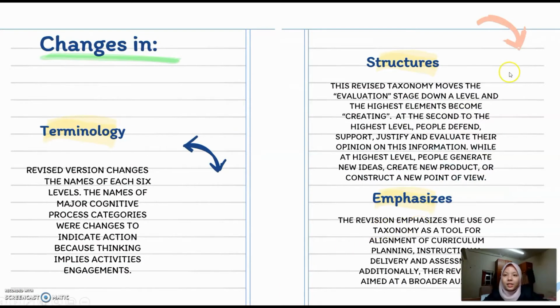The next change of the taxonomy in 1990 is structure. This revised taxonomy moved the evaluation stage down a level, and the highest element becomes creating. At the second highest level, people defend, support, justify, and evaluate their opinion on the information, while at the highest level, people generate new ideas, create new products, or construct a new point of view.